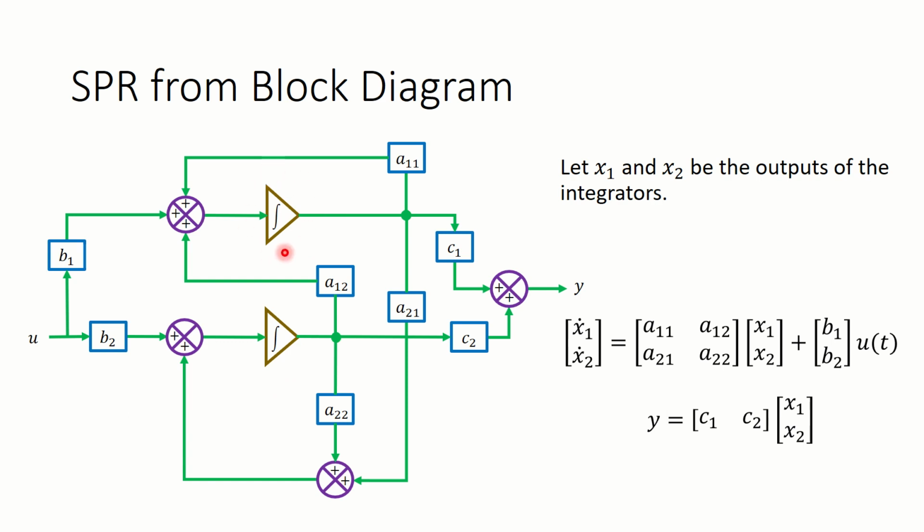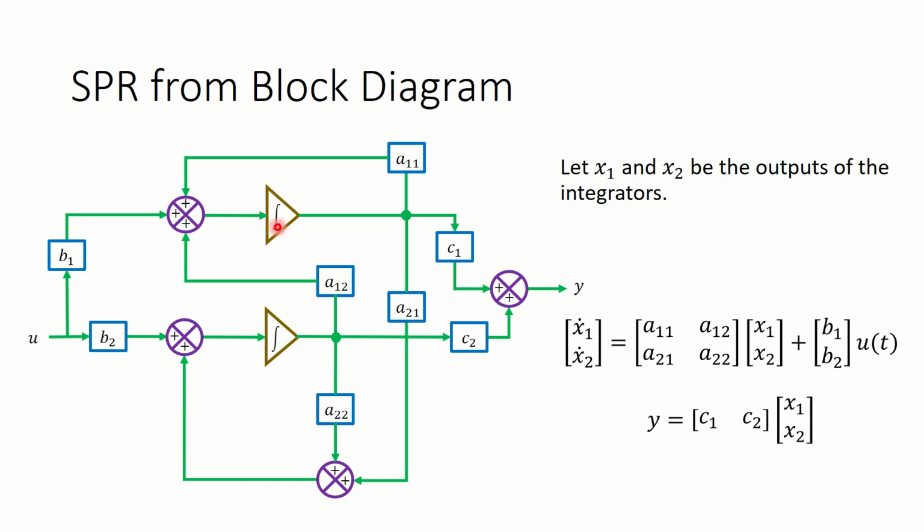Dynamics meaning a first order differential equation. If the output of the integrator is x, the input of the integrator is x dot. So the first order differential equation is created due to an integrator.